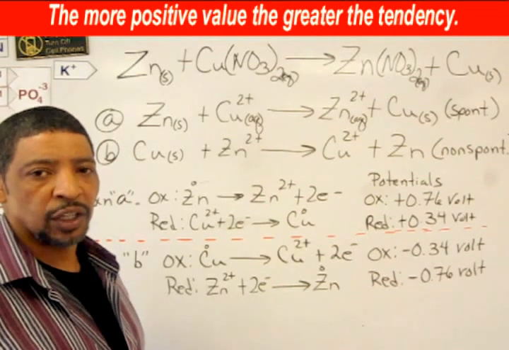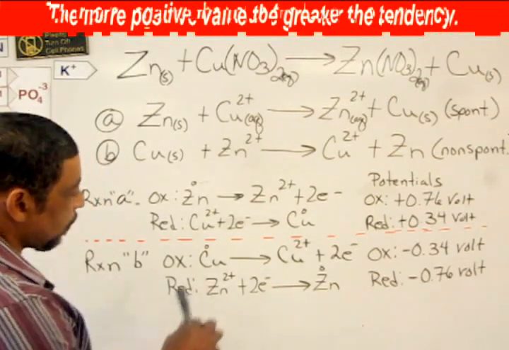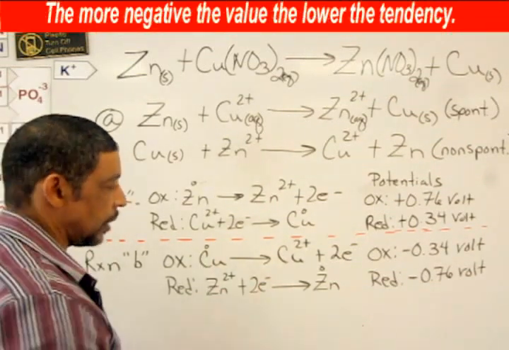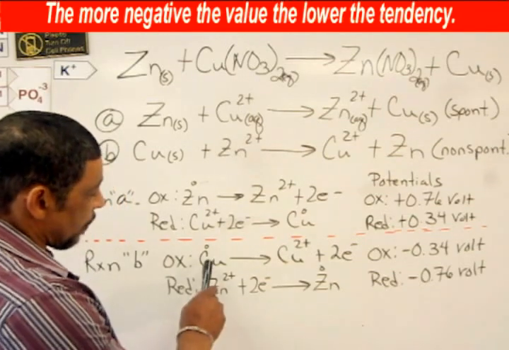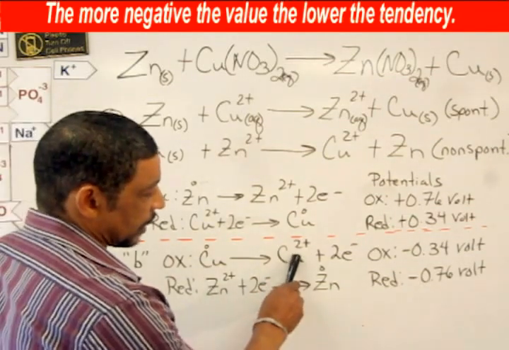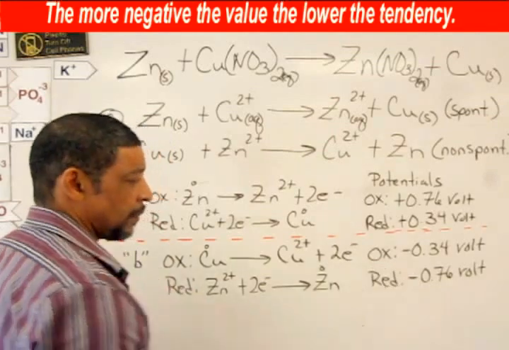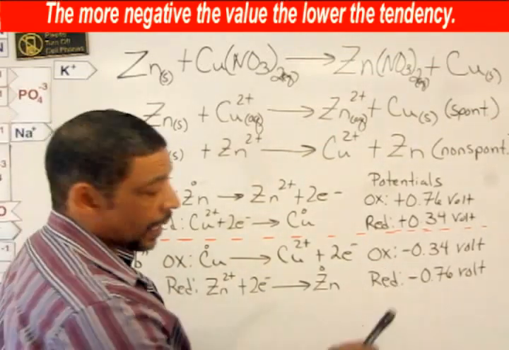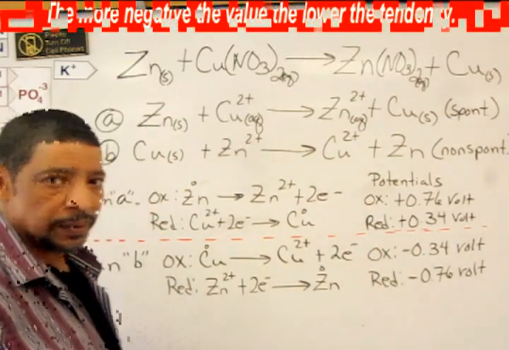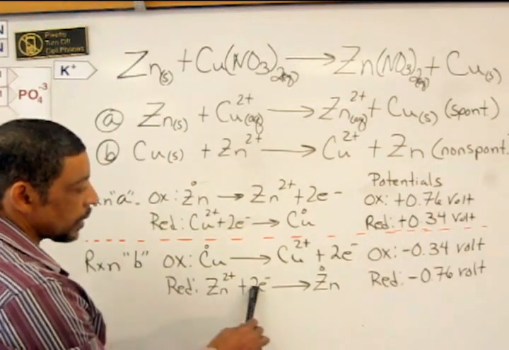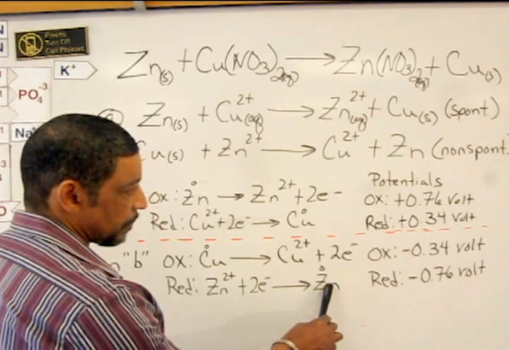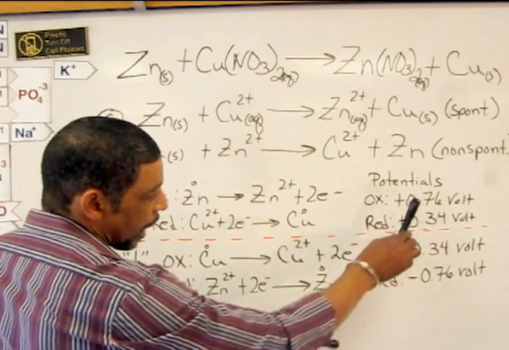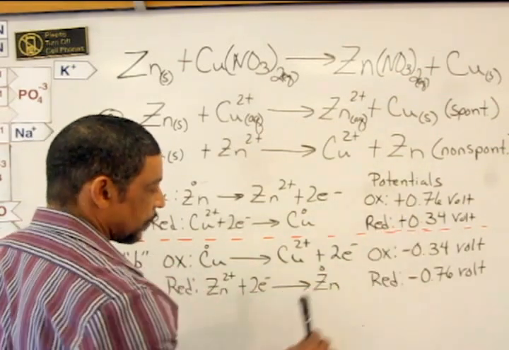Now let's consider the reverse, where copper metal undergoes oxidation. The oxidation potential for copper metal to produce copper 2+ ion is a negative 0.34 volts, exactly the opposite of the reduction potential. The potential for zinc 2+ cation to undergo reduction to produce zinc metal is exactly the opposite of its oxidation potential.